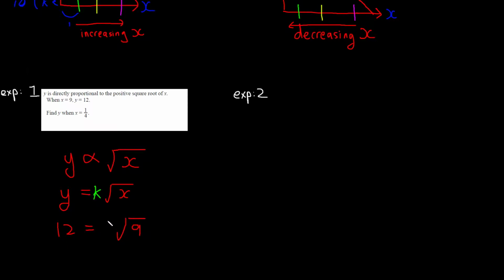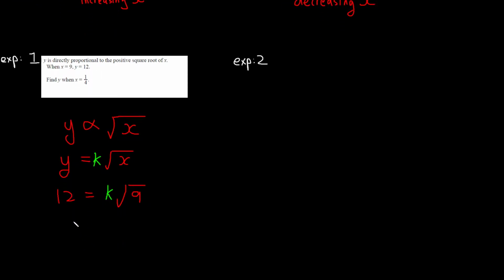That's why we have to add in our k value. To find this k constant, we simply rearrange the formula. 12 equals k times the square root of 9, which is actually 3. So therefore k equals 12 divided by 3, which is 4.